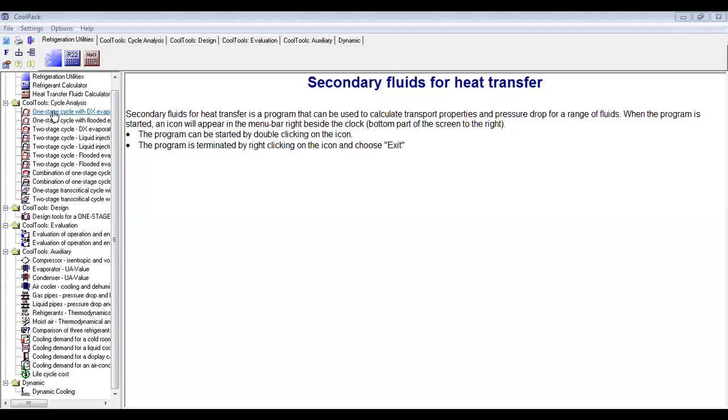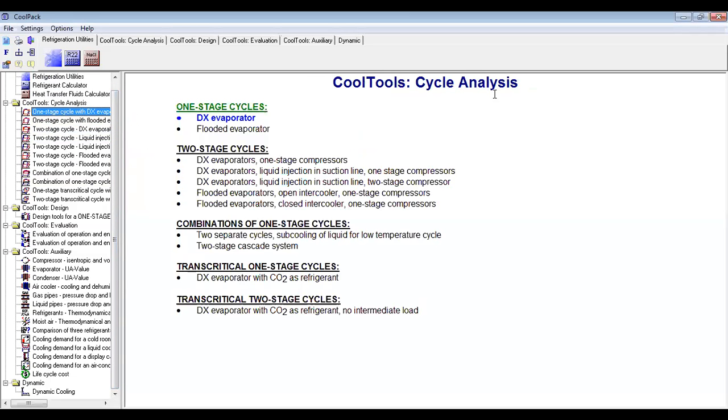See whether you can see this one stage. Can you see this? Maybe you cannot see. Let me share with you.